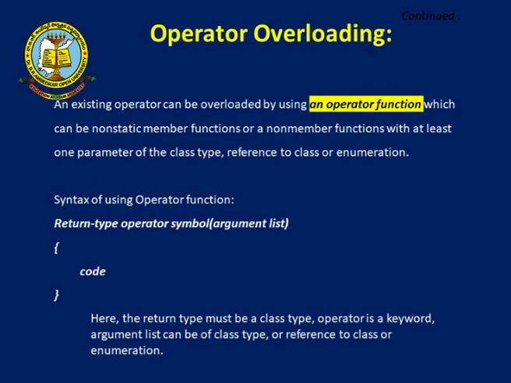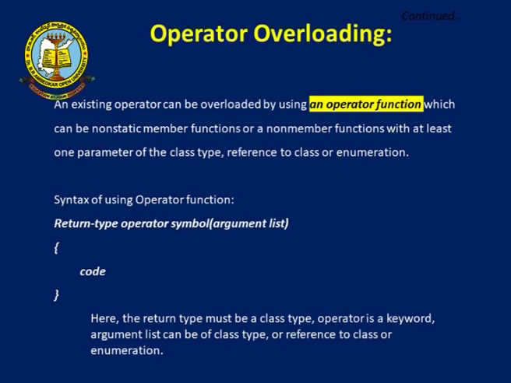This cannot be overloaded. And now let us try to understand how to overload an operator. Any existing operator can be overloaded by using an operator function, and the operator function must be a non-static member function. Here we have the syntax.